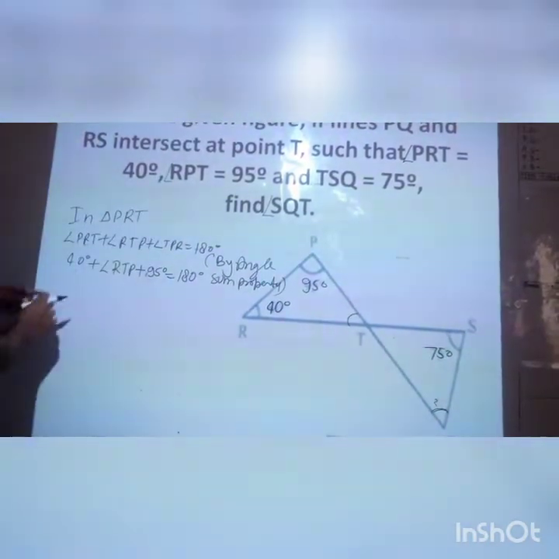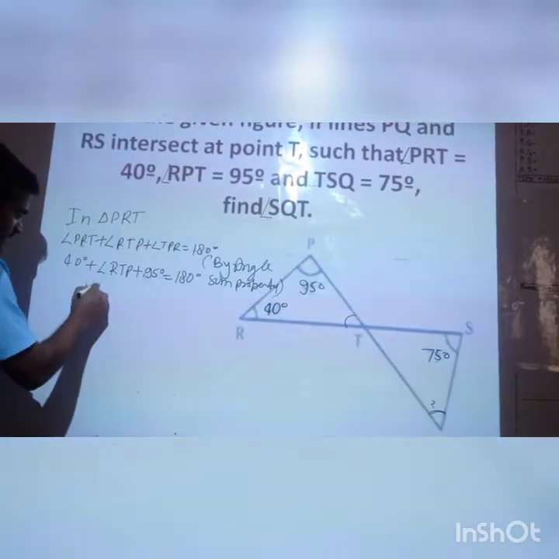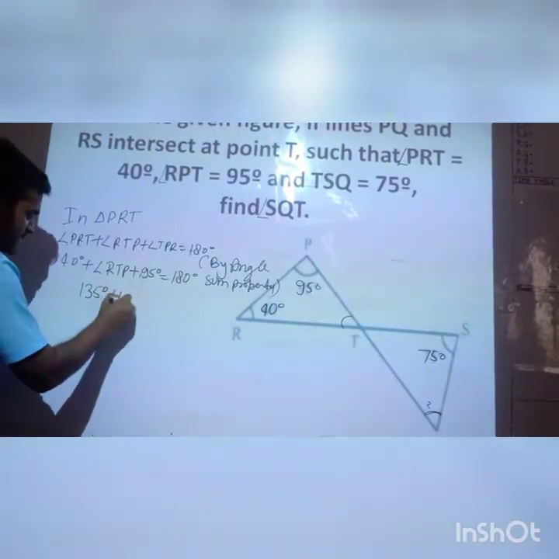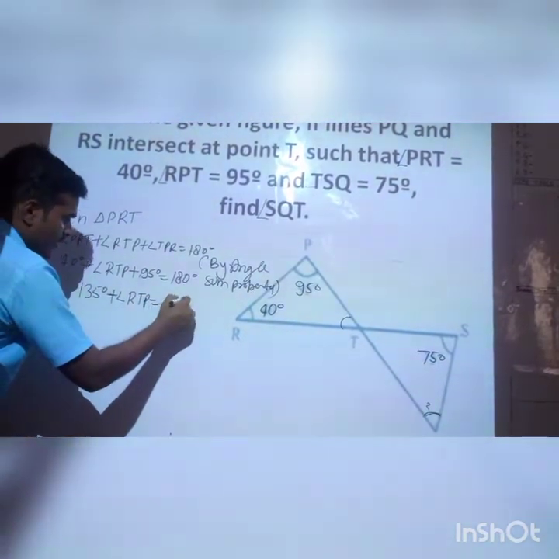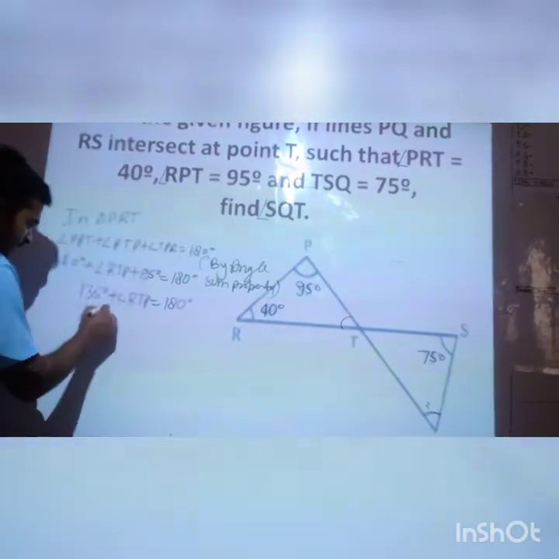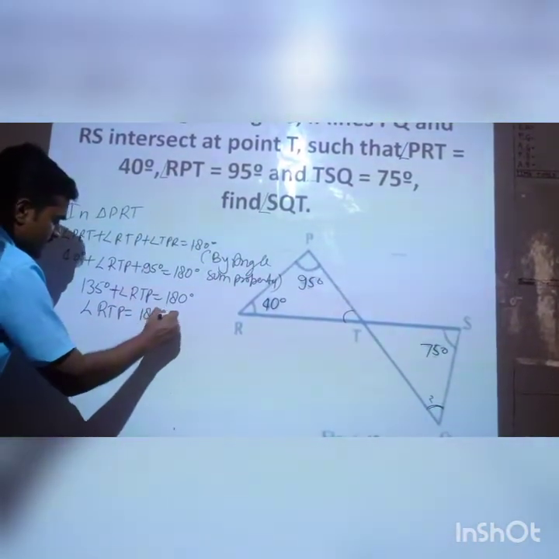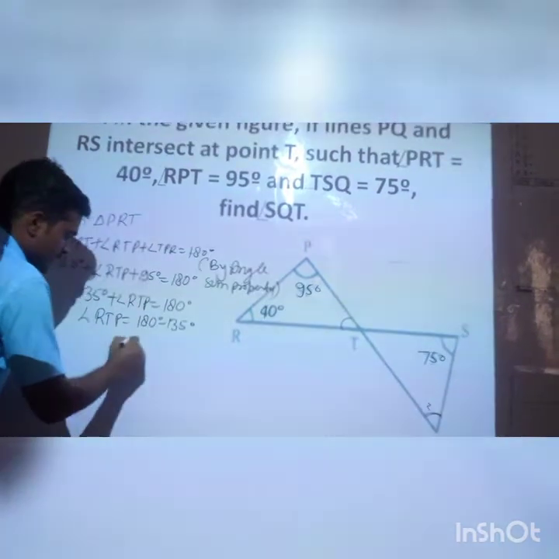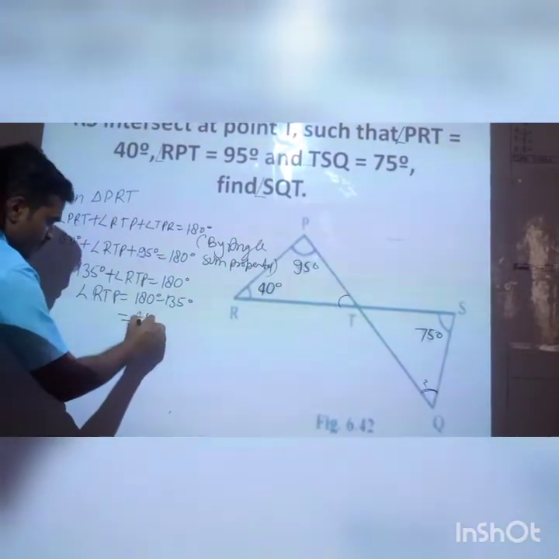Got it? Now 40 plus 95 is 135 degrees, plus angle RTP is equal to 180 degrees. Now angle RTP is equal to 180 minus 135. When we subtract it, we get 45 degrees.